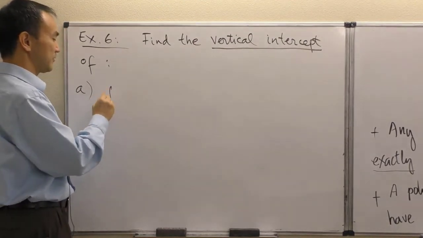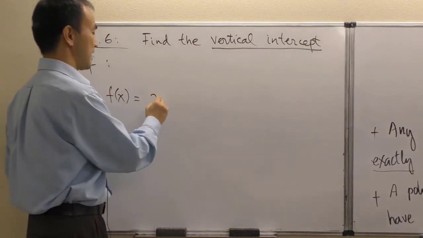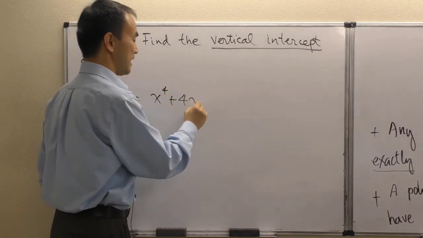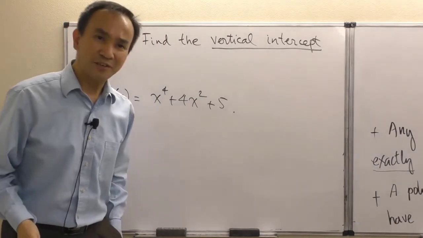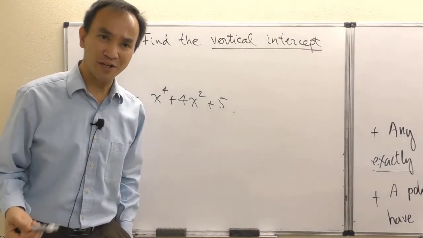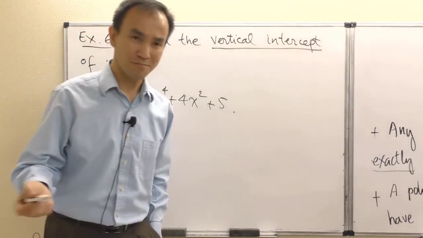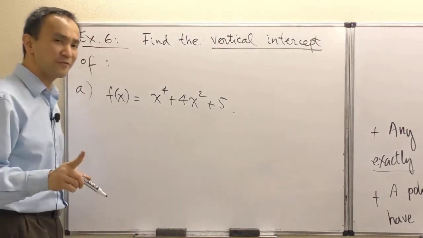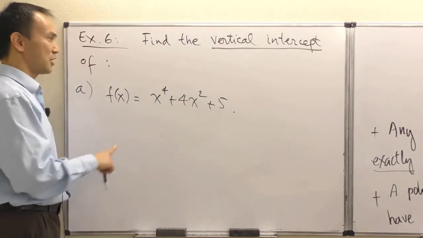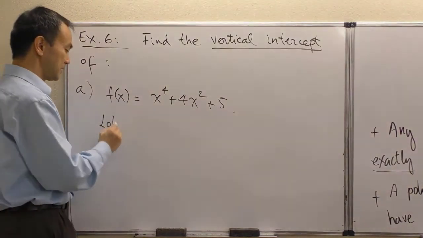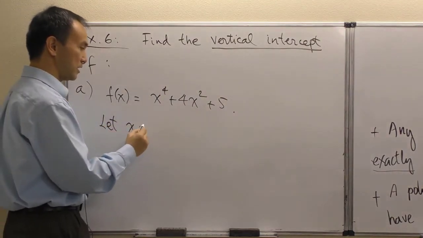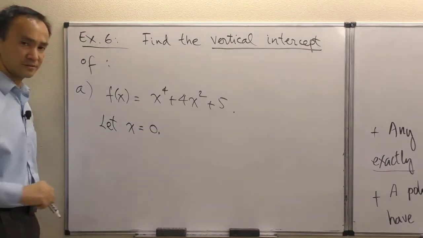How about f of x equals x to the 4th plus 4x squared plus 5. I accidentally revealed the answer earlier when I was showing on the graph, but we can verify that. So the vertical intercept here, once again, to find it, we're going to let x equal 0, always.